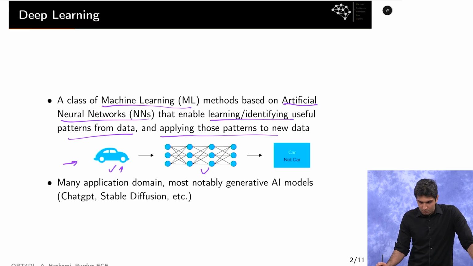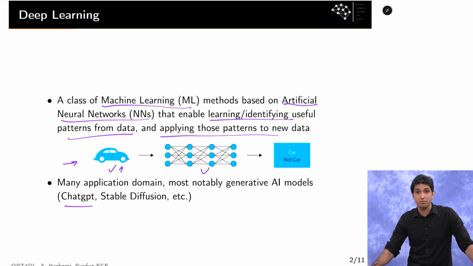And deep learning has been extremely successful. It has found many successes in many application domains. And most recently and most notably, we have seen success stories in the domain of generative AI. For instance, we have chatbots that you may have interacted with, such as ChatGPT, Claude, etc. So these are things that you can give a certain prompt, certain command, and the model is going to respond to you or generate some response to your query.